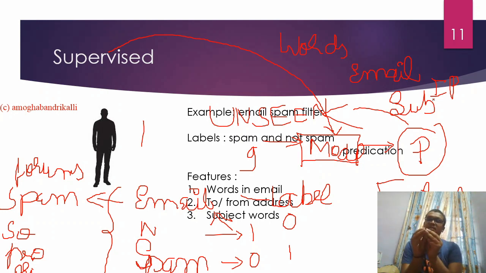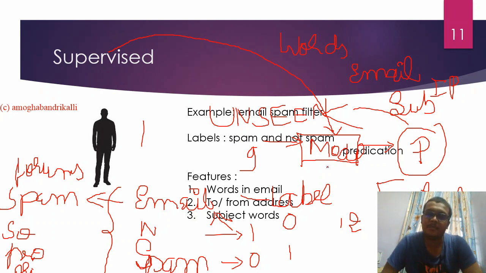The words in the mail should be analyzed, and based on that it is going to make some kind of decision. Another feature is whether the email address has been marked as spam by other people.